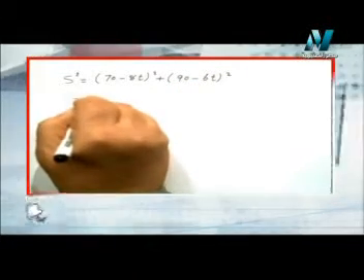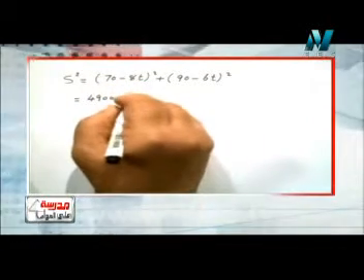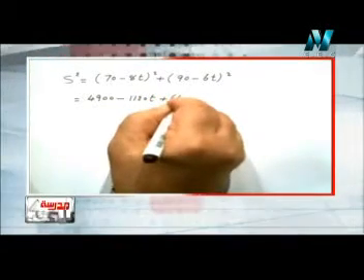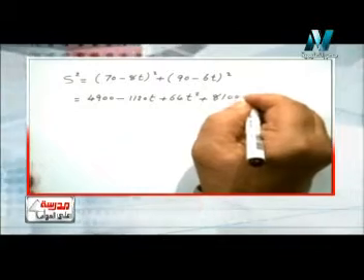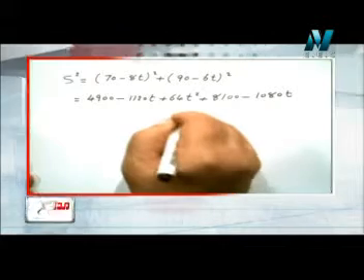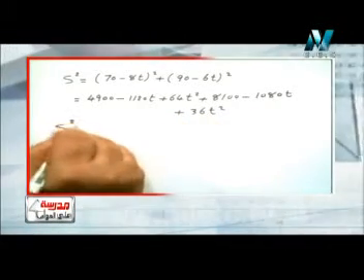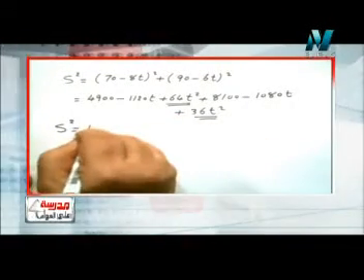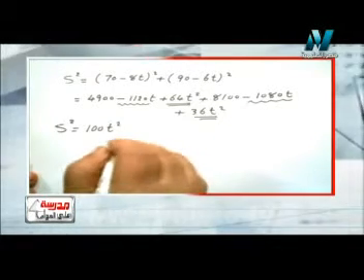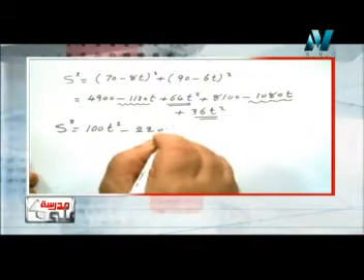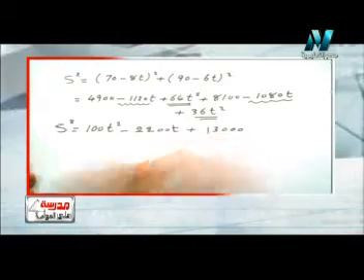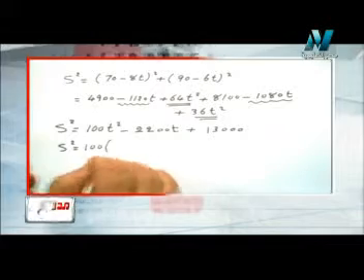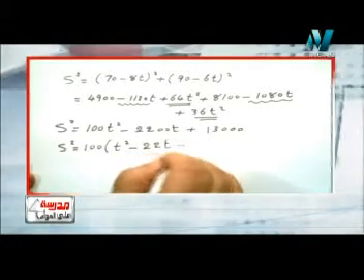Expanding the brackets: 4900 minus 1120t plus 64t squared, and 8100 minus 1080t plus 36t squared. By adding, s squared equals 64 plus 36, which is 100t squared, minus 1120 minus 1080, which is minus 2200t, and 4900 plus 8100, which is 13000. Then s squared equals 100, taking the common factor, times (t squared minus 22t plus 130).